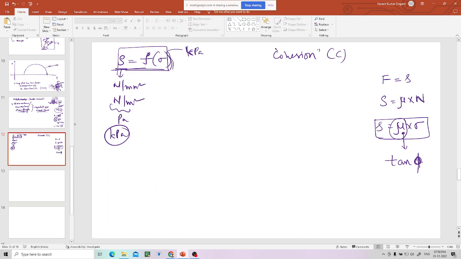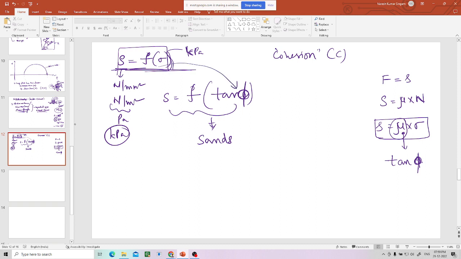So now you understood this. S is a function of tan phi. So somehow friction angle is involved. This relation can be useful for sands because from that analogy it is related to tan phi.